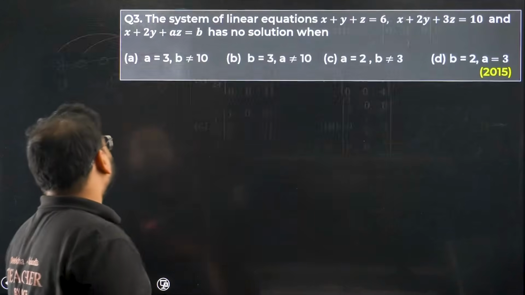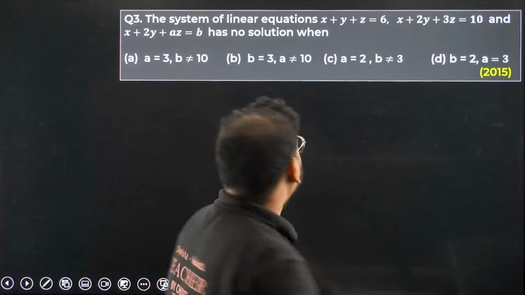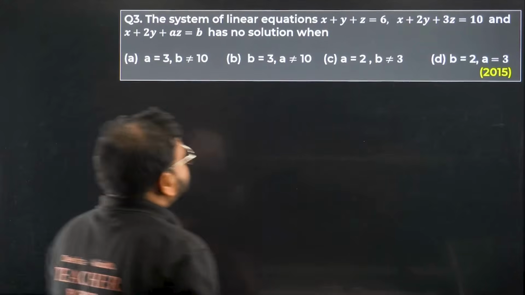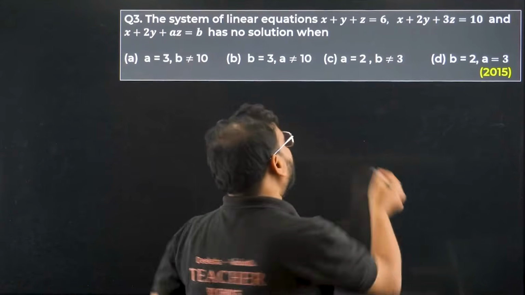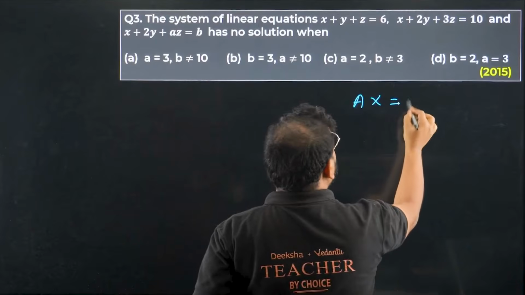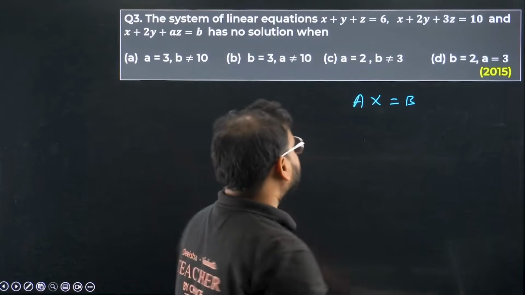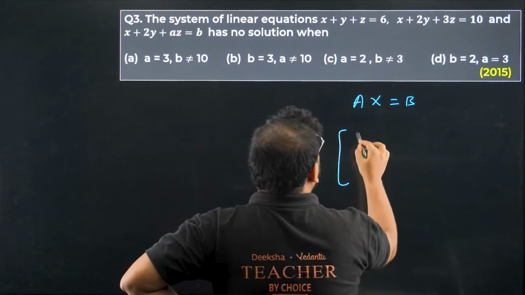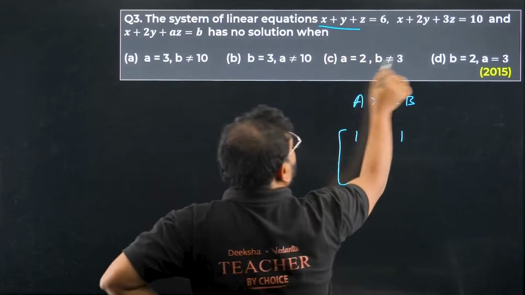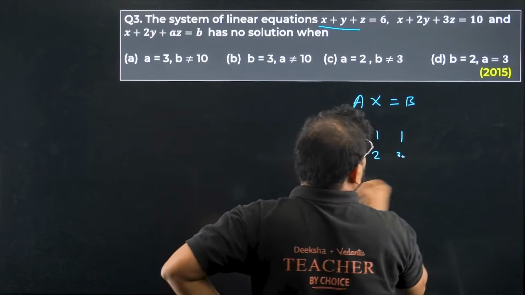Question number 3 now. The system of linear equations. We know this. Whenever they give us 3 linear equations, it has to have the form AX equals B. I'm going to write in the augmented way. So let's write the matrix here. 1, 1, 1. Second row 1, 2 and 3.